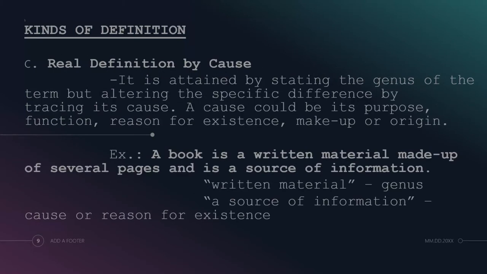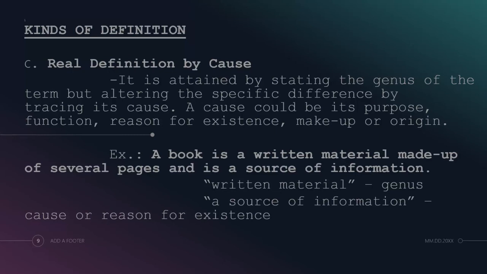Real definition by cause. It is attained by stating the genus of the term but altering the specific difference by tracing its cause. A cause could be its purpose, function, reason for existence, makeup, or origin. Like, for example, a book is a written material made up of several pages and it is a source of information.